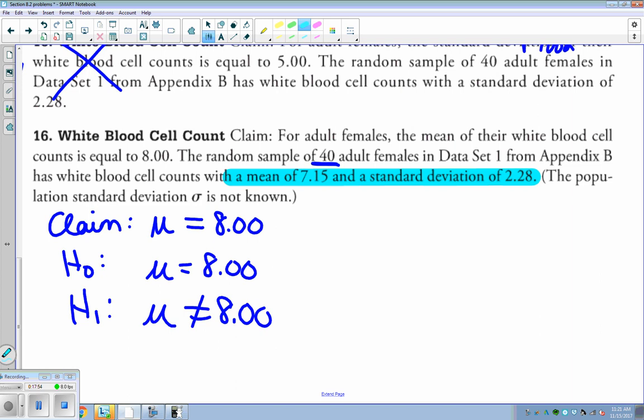No. I know the sample standard deviation, but I don't know the population standard deviation. Does that make sense? When it tells me those two numbers, that is based upon what the sample is. Back here, where it talks about in general, they did not give me the standard deviation of the whole population. Everybody see that? Excellent. Okay, so therefore I know I need to use the T statistic.